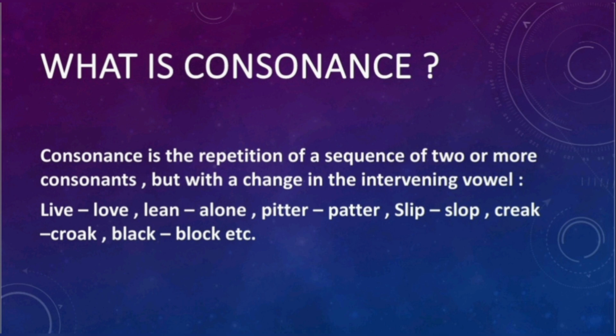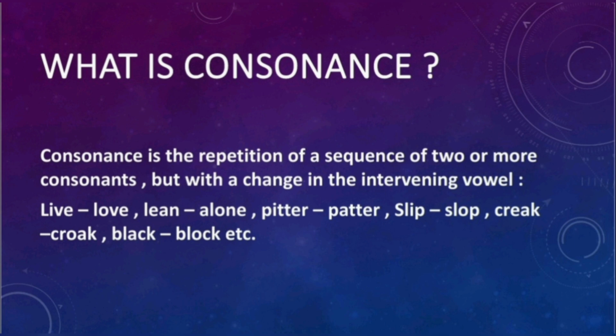If you see these examples here, live, love, there is a repetition of the consonant L, but the arrangement of vowels is different. Similarly, lean, alone, pitter, patter. The consonants are repeated but the vowel sounds, I and A in pitter and patter, are different.